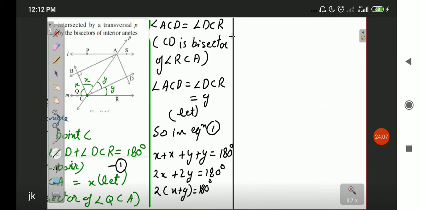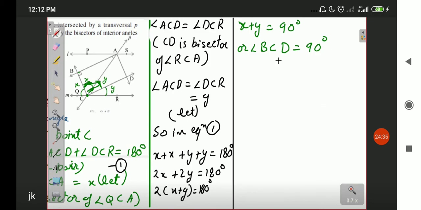Moving on with this, the value of x plus y should be equal to 90 degree. Okay, now in the diagram you can see that this is angle x, this is angle y. If I add both of these angles, I get angle BCD, or angle BCD is equal to 90 degree.